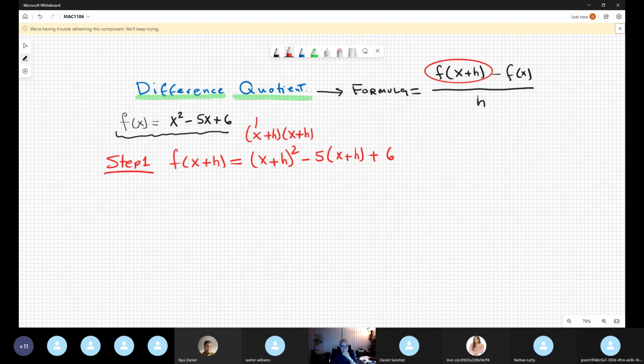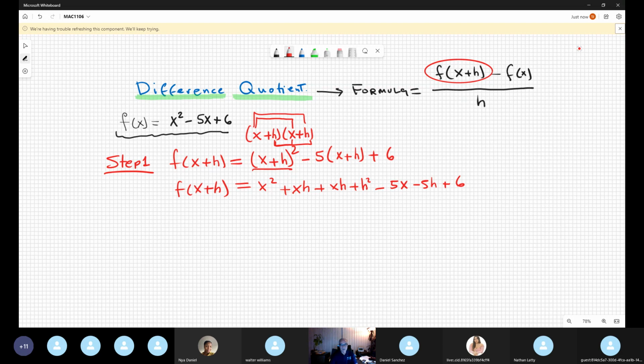When you apply FOIL, x times x is x squared. x times h is xh. h times x is the same. I copy in the same order. And h times h is h squared. Now apply distributive: minus 5x minus 5h plus 6. Boom! And this is the first part of the formula.